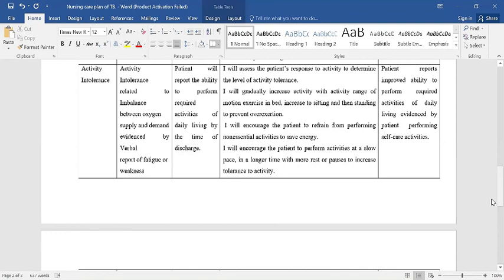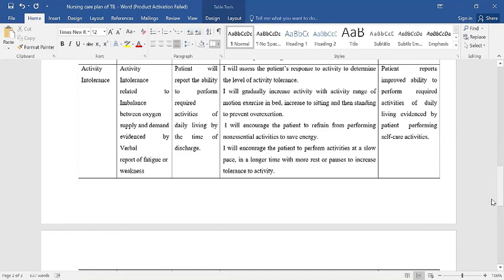Then lastly, we are saying I will encourage the patient to perform activities at a slow pace in a longer time with more rest or pauses to increase tolerance to activity.